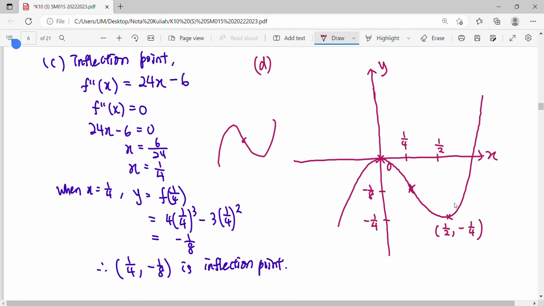You have a maximum here, 0, 0, label. And you have an inflection, 1/4, negative 1/8. So this is our function, label it: 4x³ minus 3x².